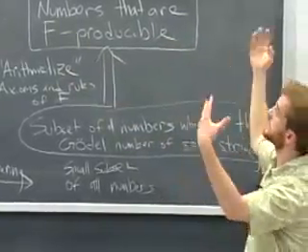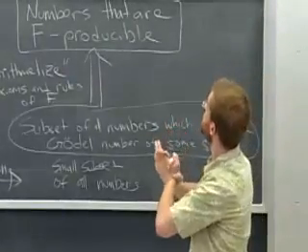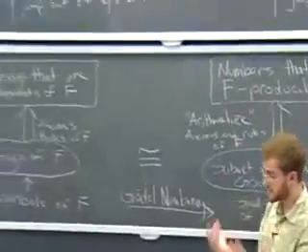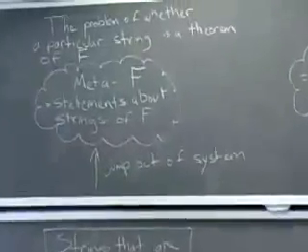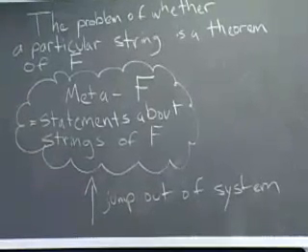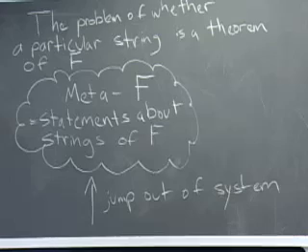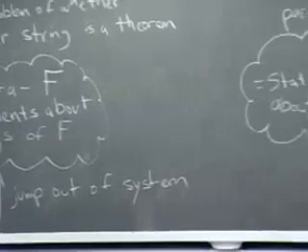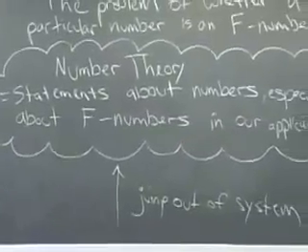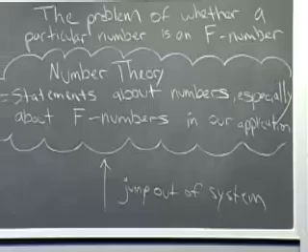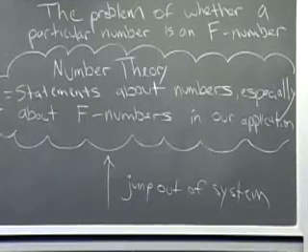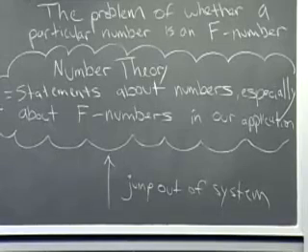We then do this leap outside of the system. We have meta F, right? And we're taking statements about strings of our formal system. And this corresponds to number theory, taking statements about numbers which are F producible, right? Which are F numbers. An example of this was, in number theory, we say, OK, so 641 is prime, or 6 is a perfect number.